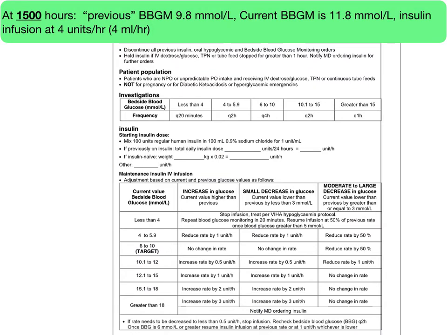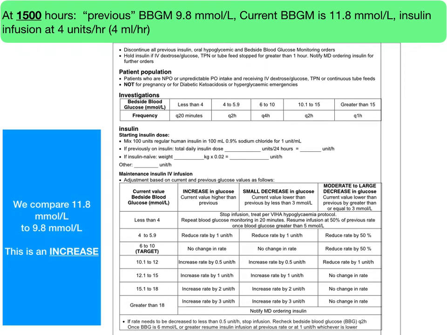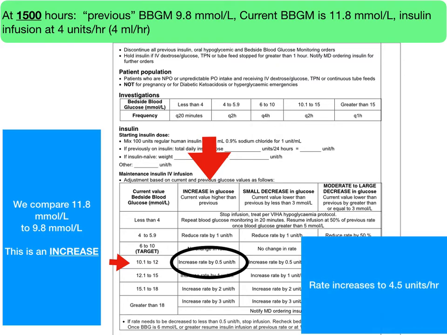At 1500 hours, the previous BGM was 9.8 and the current is 11.8. The insulin infusion was at 4 units per hour. When we compare the numbers again, 11.8 to 9.8, we see that this is an increase in the glucose because the current value is higher than the previous. We're now in between 10.1 and 12, so the rate is going to have to increase by 0.5 units per hour.